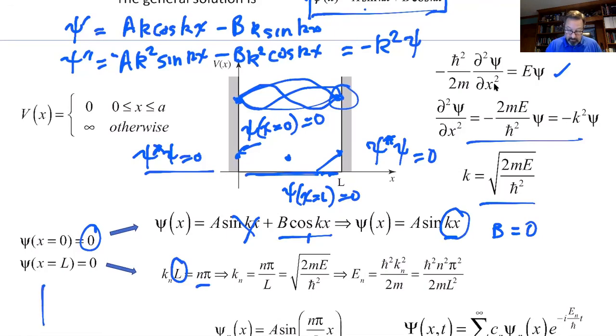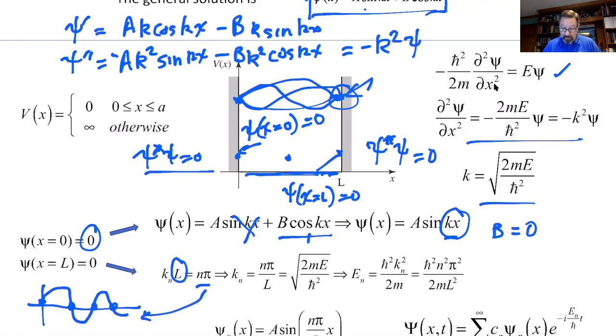If you think about what a sine curve looks like, where is it hitting the zeros? At 0, at pi, at 2 pi, at 3 pi, at integer multiples of pi. So k times L has to be equal to an integer multiple of pi in order that the sine of k times L be 0 at this far boundary.